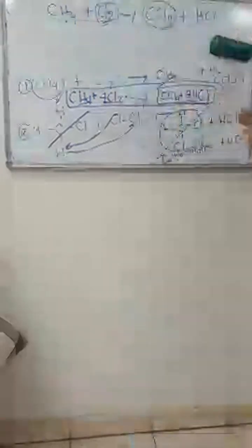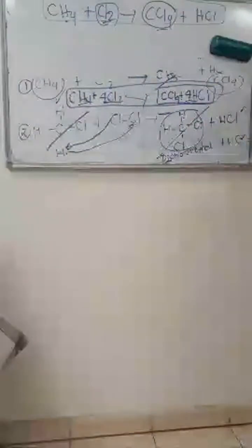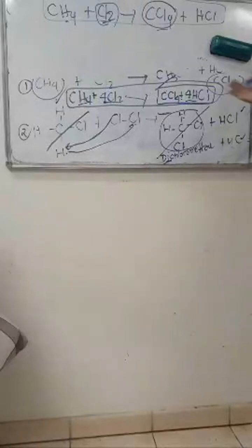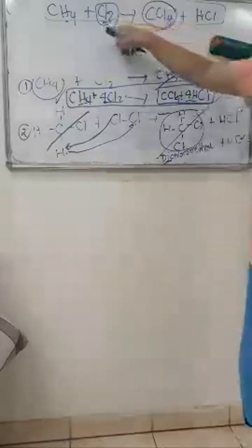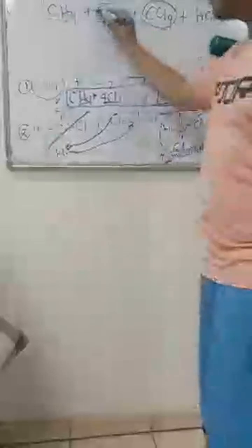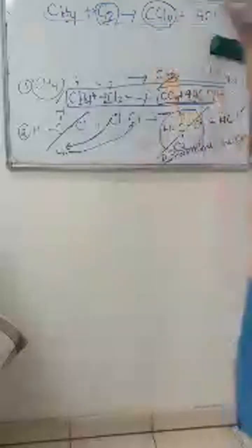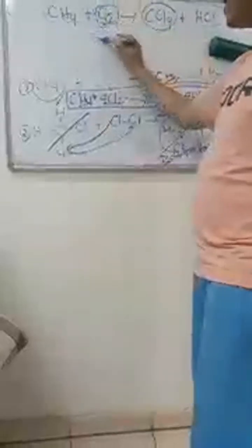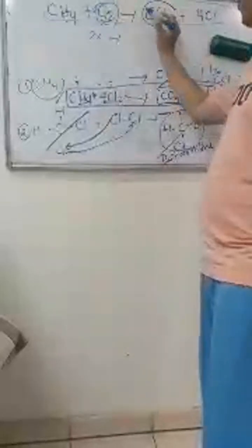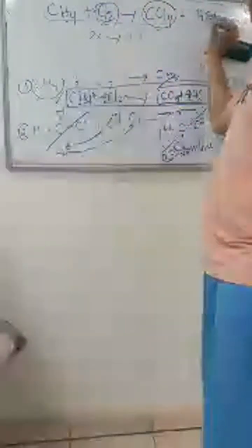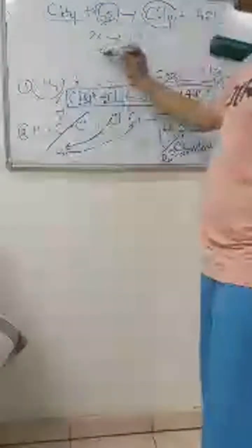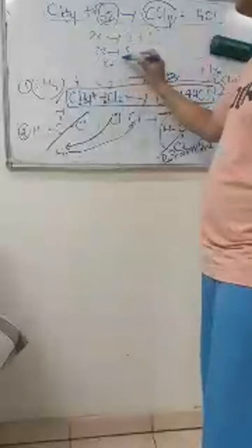Okay, chlorine. Let X be the number of atoms of chlorine, equal to the number of atoms of chlorine in the products, because obviously the chlorine atoms in the reactant are deficient compared to the product. So, X times 2, 2X, is equal to 4 times 1, 4, plus 1 times 1, 1. 2X equals 5, X equals 5 over 2.